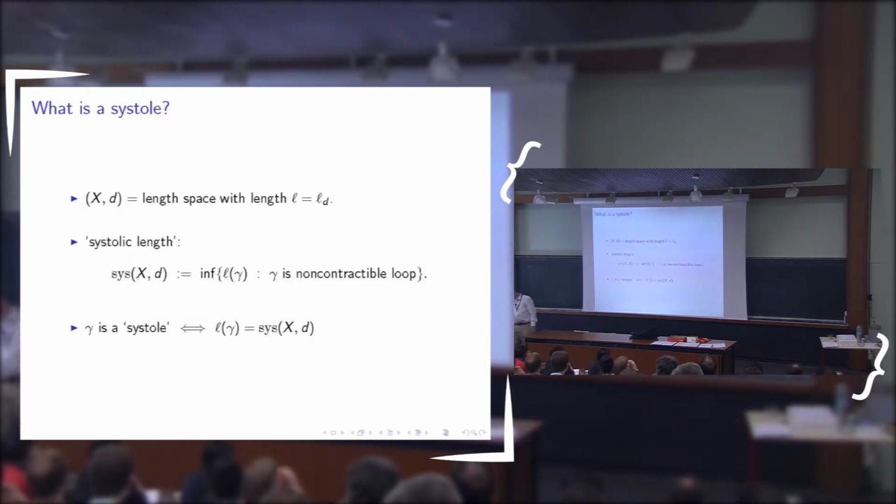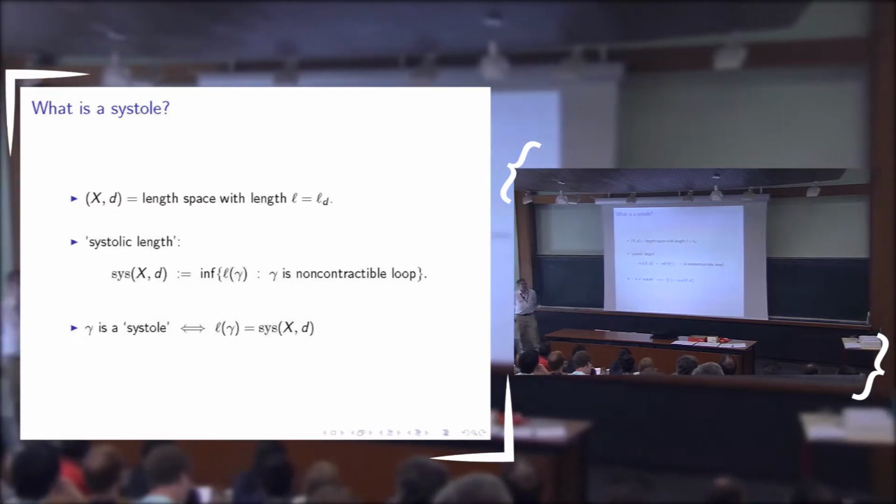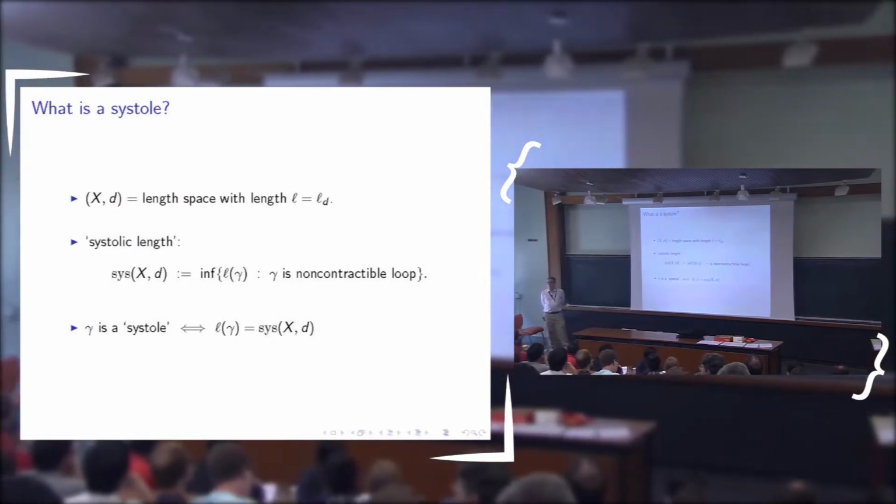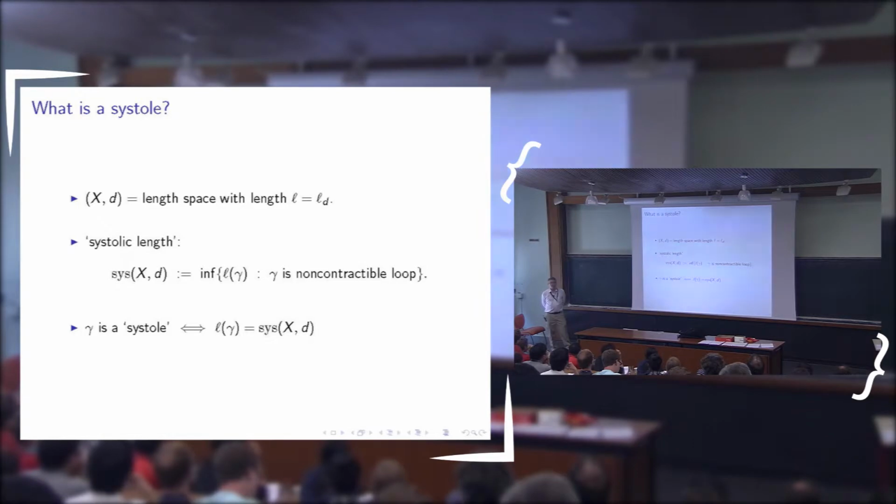Take the infimum of the length of those, so the shortest if it's realized, and that's a systole. Okay? So a systole is something which realizes the infimum of the shortest non-contractible curve. So if you like dynamics, it's sort of the shortest closed trajectory.